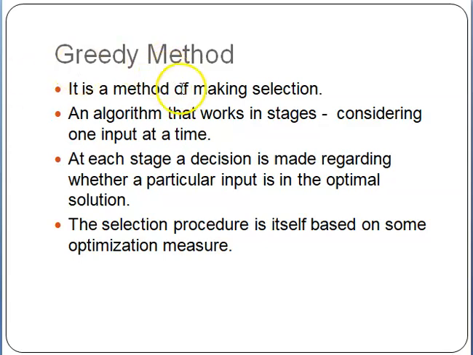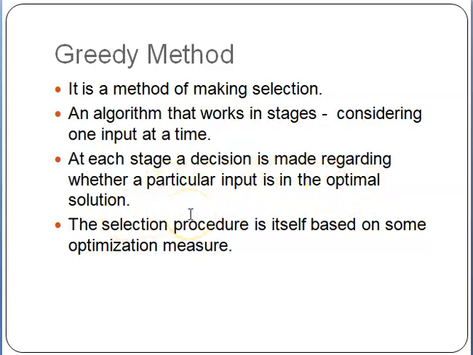So it is a method of making a selection. In the algorithm, it works in stages, considering one input at a time. So you're going to consider only one input at a time. First you will make the decision about the first item, then about the second item, then about the third item, like that. And at each stage the decision is made regarding whether a particular input is in the optimum solution.